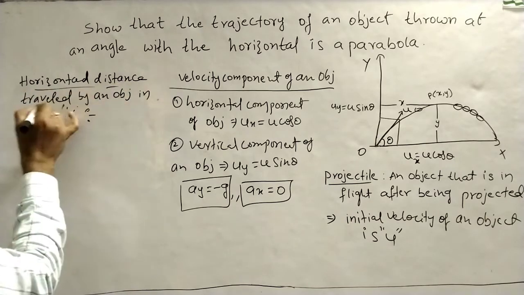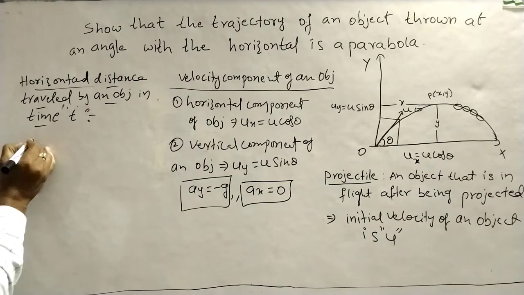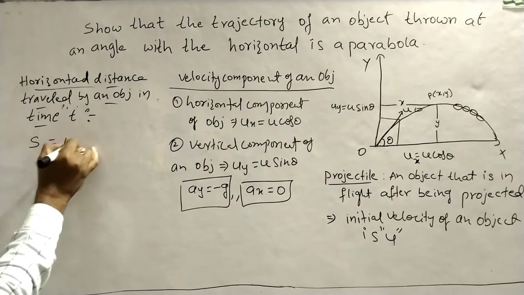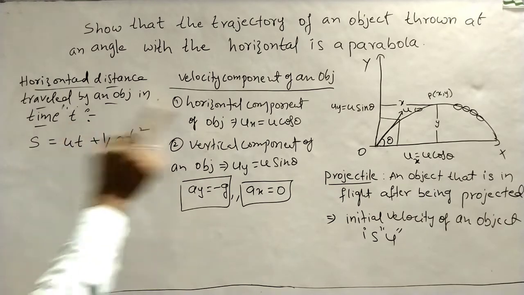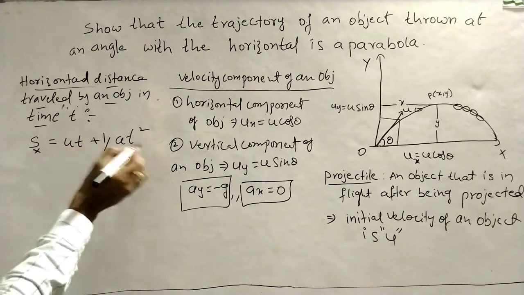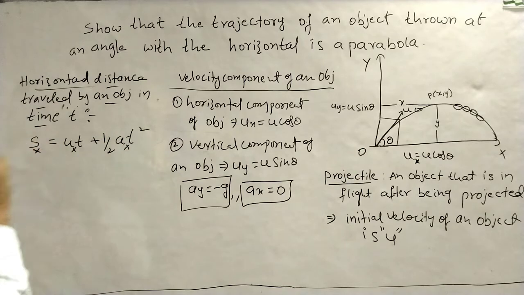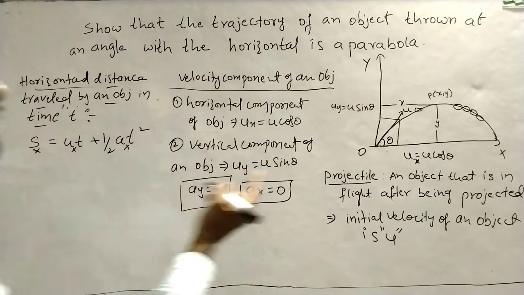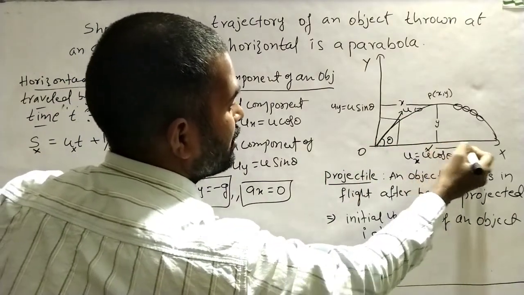The distance formula will be s equal to ut plus half a t square. Along the x-axis, distance we will write sx, velocity ux, acceleration ax.